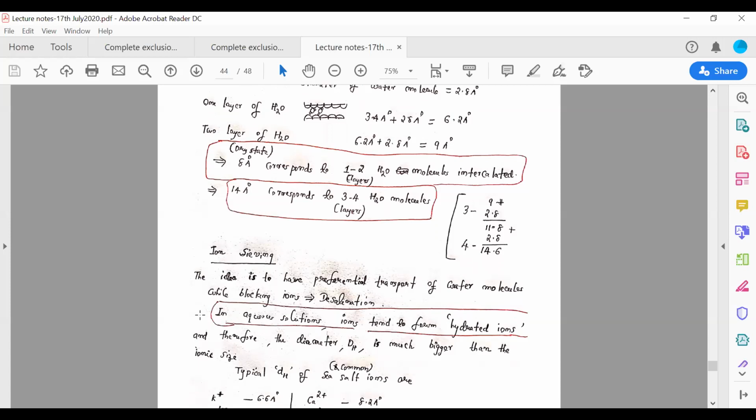Okay, so the important point is that when you compare with free ions, if you put sodium chloride, for example, sodium and chlorine are bound by an ionic bond, isn't it? Now as soon as it is dissolved, it interacts with liquid water.